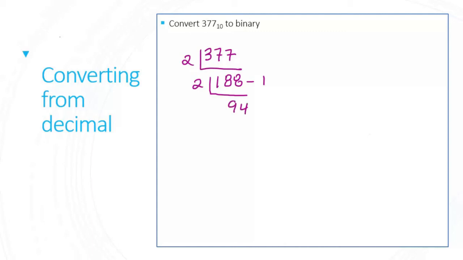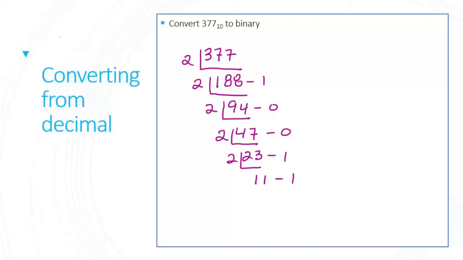It's 94, with no remainder. 94 divided by 2 is 47, again with a remainder of 0. 47 divided by 2 is 23, and this time we have a remainder of 1. 23 divided by 2 is 11, also with a remainder of 1. 11 divided by 2 is 5, with a remainder of 1. 5 divided by 2 is 2, with a remainder of 1. 2 divided by 2 is 1, with a remainder of 0.